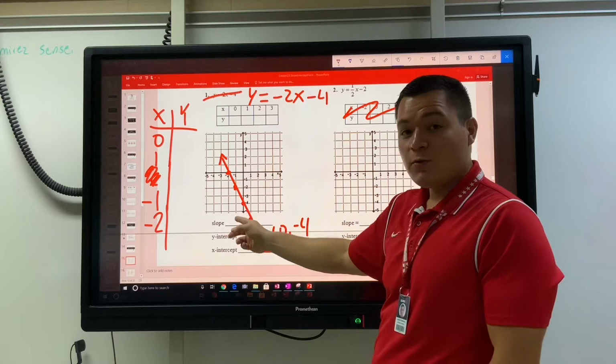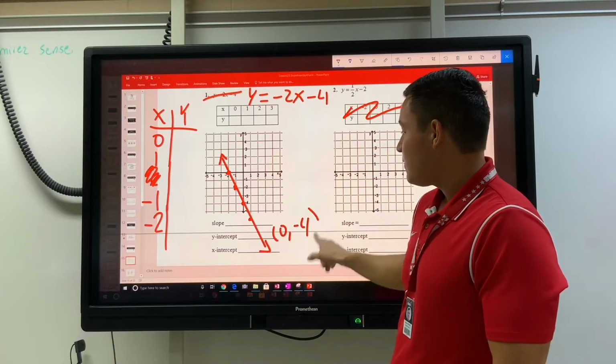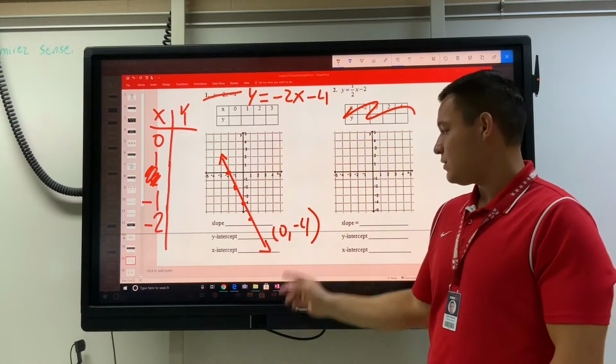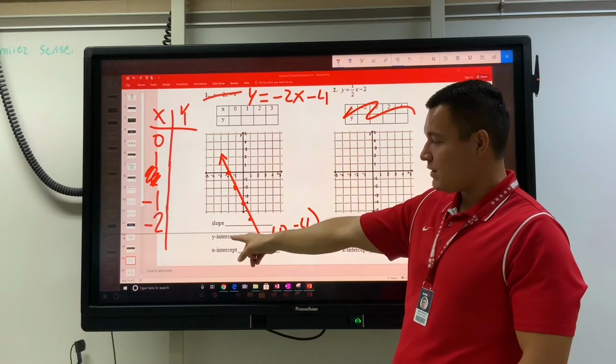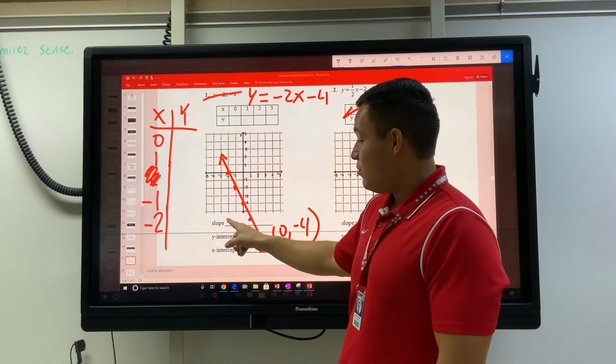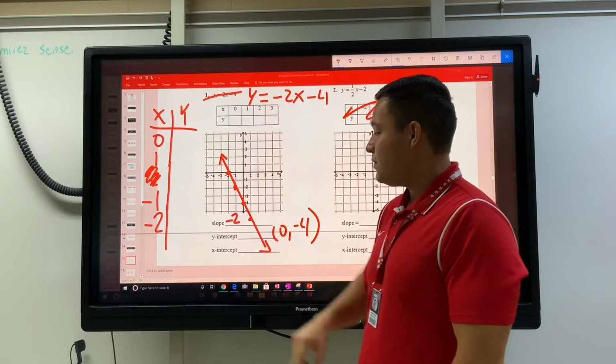The y-intercept always happens at 0 for x, and then you just see where it crosses, and it crosses at negative 4. So 0, negative 4 is the coordinate for the y-intercept. Please label that. The slope is negative 2.